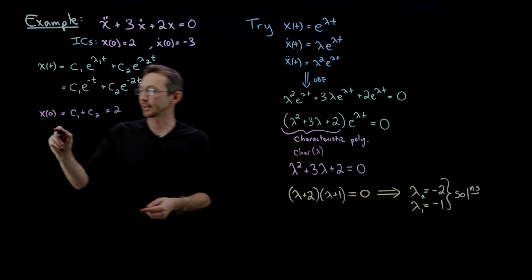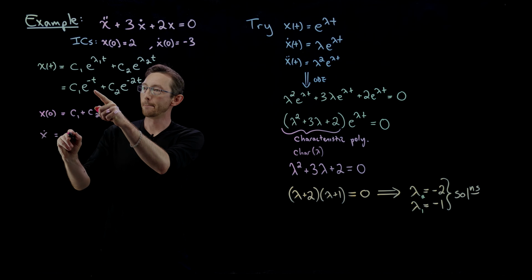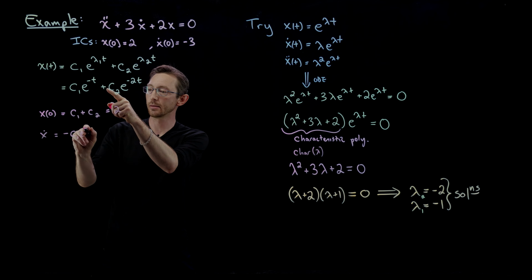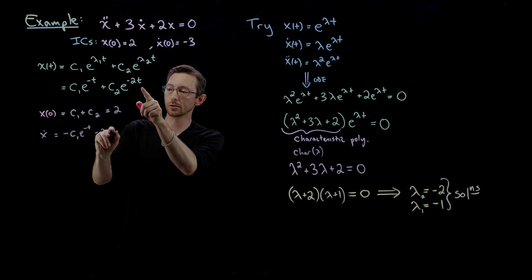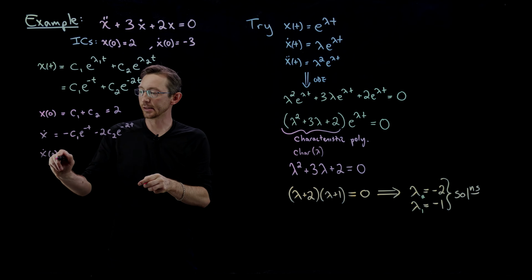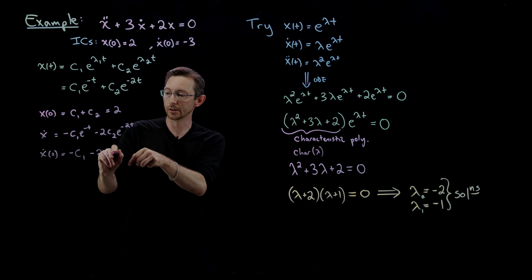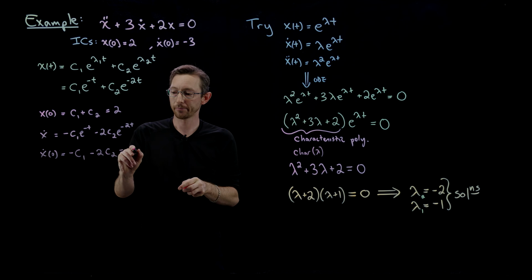Similarly, I can compute x dot. And x dot is going to be minus c1 e to the minus t minus 2c2 e to the minus 2t. And so x dot at 0 is minus c1 minus 2c2, and that has to equal -3.